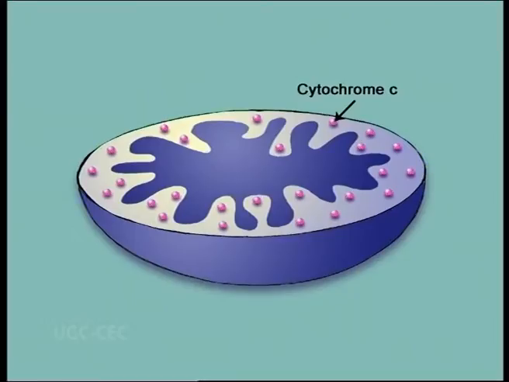However, as we have already seen that the large proteins are not freely permeable by the outer membrane, the concentration of these proteins in the cytoplasm and the intermembrane space is different. One such protein which is localized in the intermembrane space is cytochrome C.